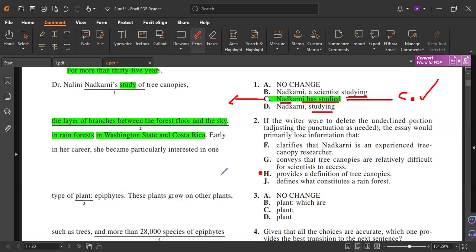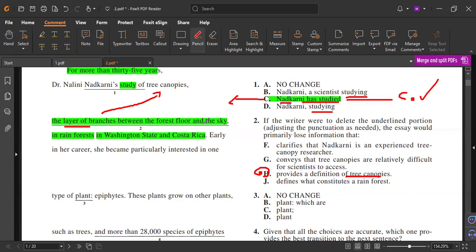Let me give you a hand. Let me help you for number 2 and 3. Number 2, it's H, because this is a definition for this one. So if we delete it, we will lose the definition of the trees. It defines, okay, but it does not define what constitutes a rainforest.